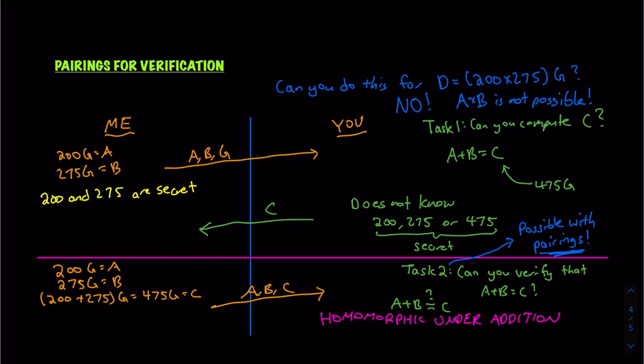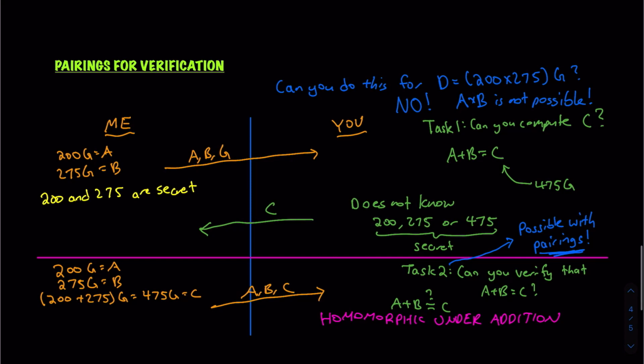We then saw that this did not work for multiplication because this is not homomorphic under multiplication. I could not ask you to calculate D, which equals 200 times 275 times G, because you could not do A times B. You can't multiply two elliptic curve points in this group.